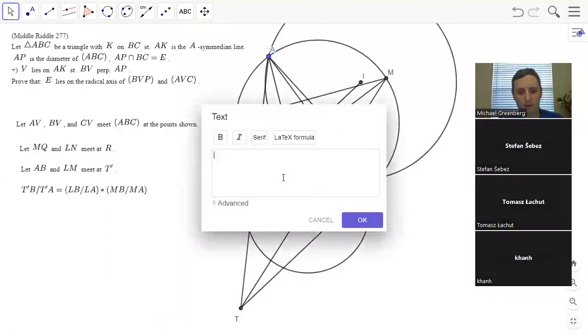So, just to finish writing up Kahn's way, let CP intersect LM at T double prime.